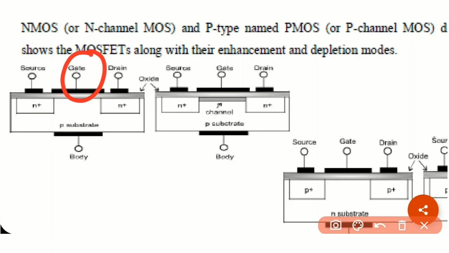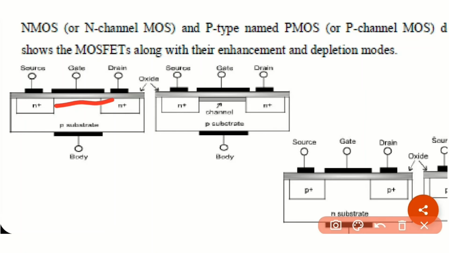A charge inversion region will be formed in the substrate under the gate insulation. And with the formation of that region, a conduction path, or we can call it a channel, is formed between the source and drain. So that is the enhancement. So you are forming a path.